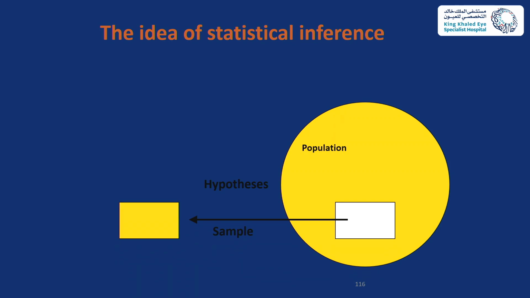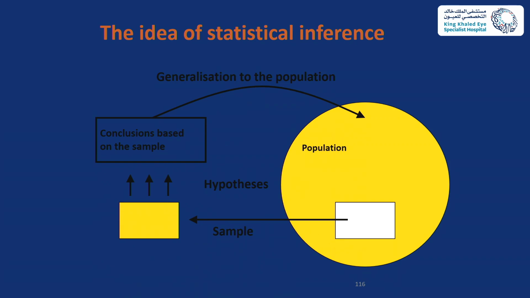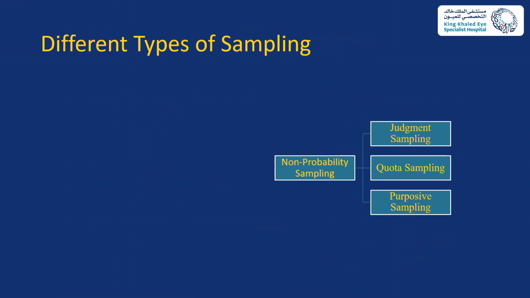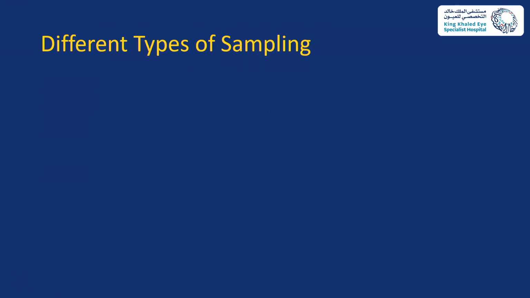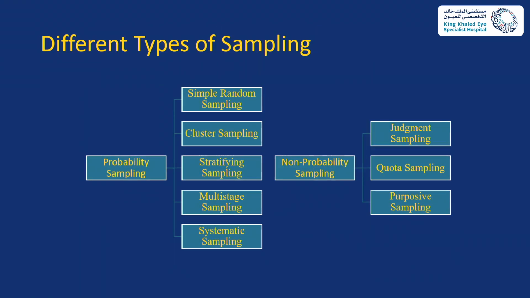Let's imagine that we took a slice of the community, and then we applied our research on this group of people. It's not only important that you take a representative sample, but it is also very important that when you end up with a conclusion, it can be reflected to the whole.